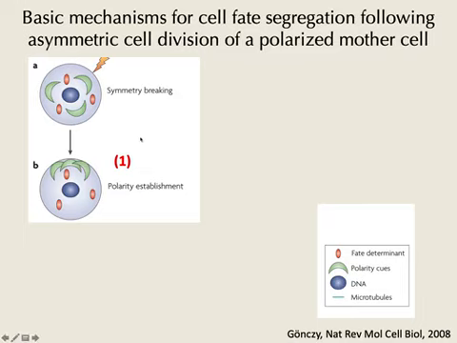So imagine you start with a cell, and here depicted are some components that are important for the identity of the cell, say these fate determinants here, these red pills, and then the big blue pill is the nucleus with DNA, and then those green crescents, they are so-called polarity cues, so in other words, molecules that will distribute in the cell in an asymmetrical fashion.